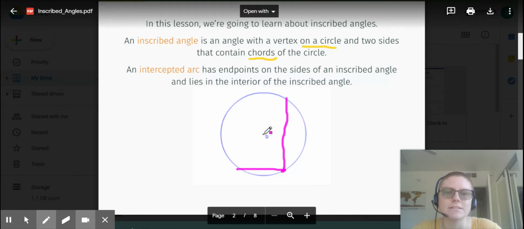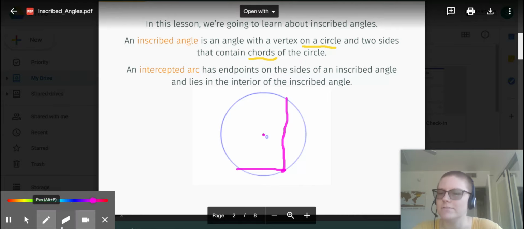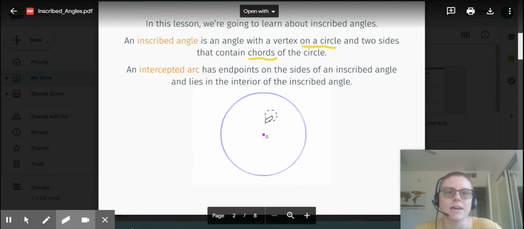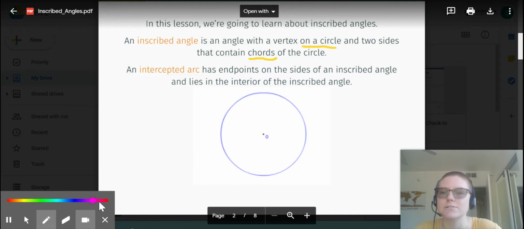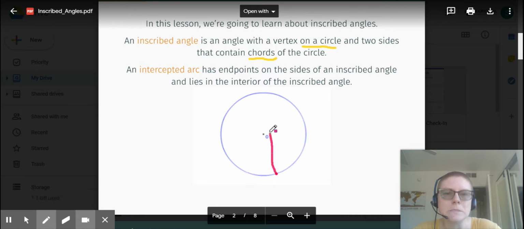This is when the center is between the sides of your inscribed angle. And the third way that an inscribed angle could be is that the whole thing is just to one side of the center. The center isn't on the angle and it's not between the sides of the angle.